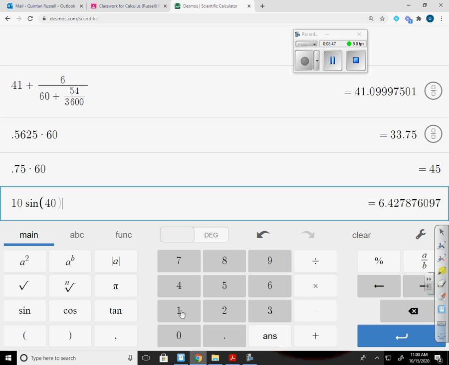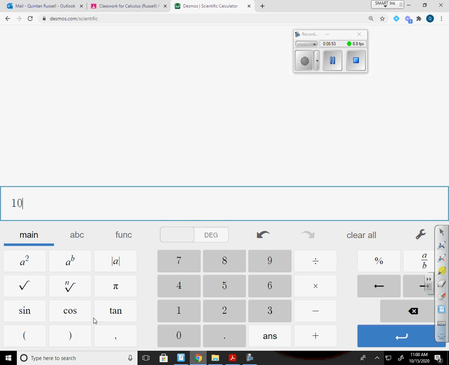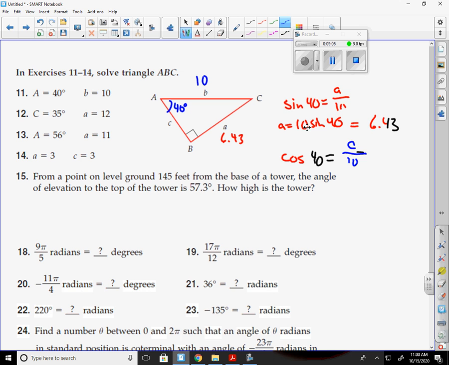I get 10 cosine of 40. And that's my answer, 7.66. Done. You can do some more of these. You don't have to do them all. Just make sure that you get a good feeling for how to do them.